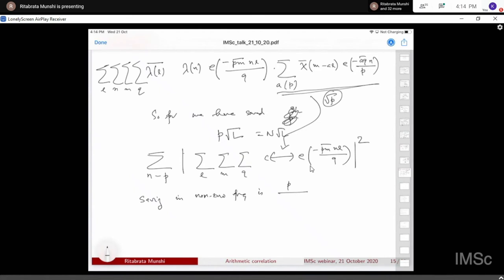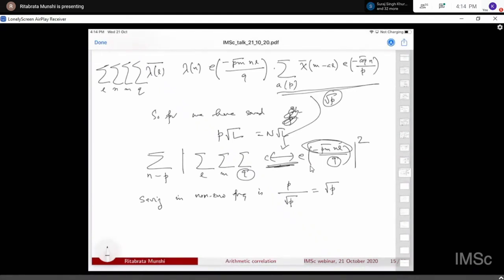When we open up this sum, the conductor is P times Q1 times Q2, because there will be two Qs, Q1 and Q2, but the conductor of this sum remains the same because P is fixed. If you look at modulo Q, then it is just an additive character. If it is an additive character, you save more. It's like a geometric series, you save the whole length. So the saving will be P by square root of P, which is just square root of P.